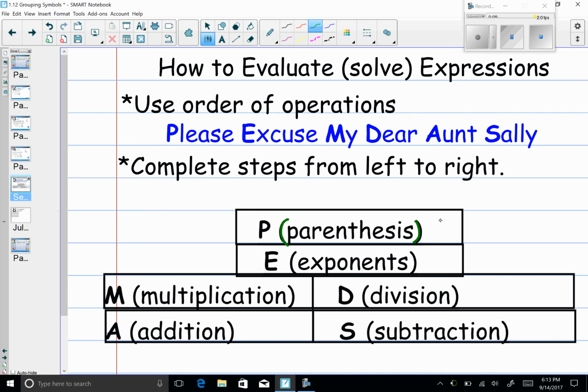We want to also include our brackets and our braces. All of these are considered parentheses. And remember, you work from inside out. So parentheses, then brackets, then braces. Once you've added this to your notes, you can continue to hit play.